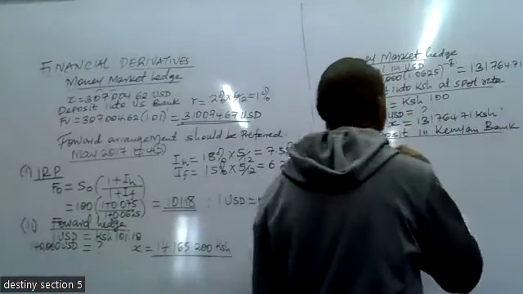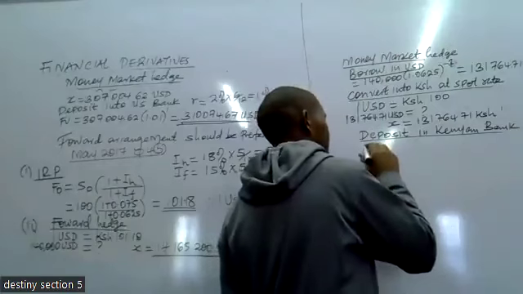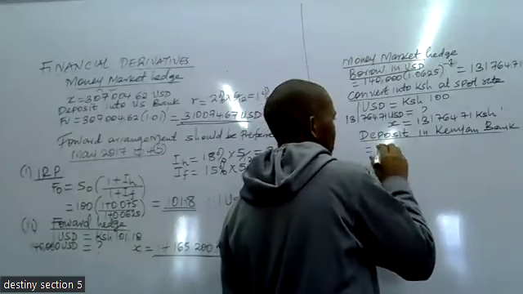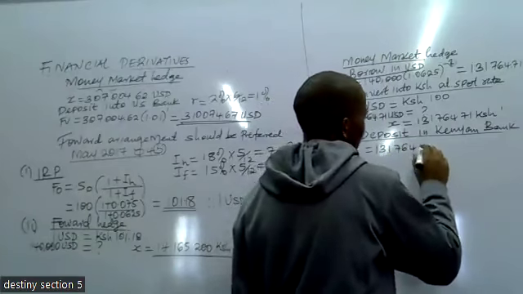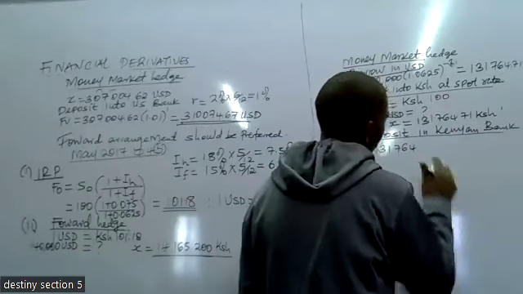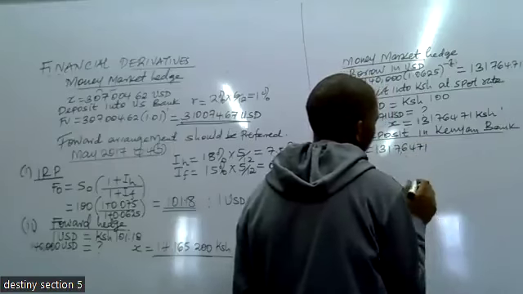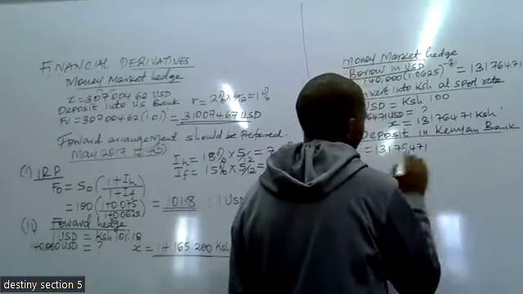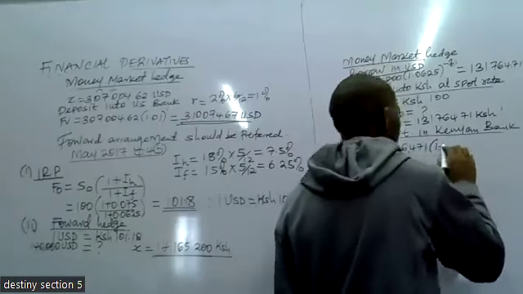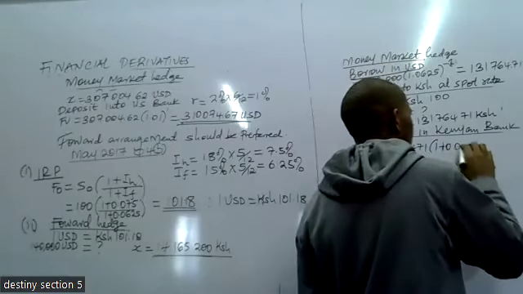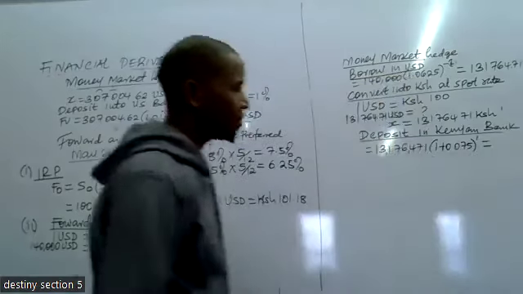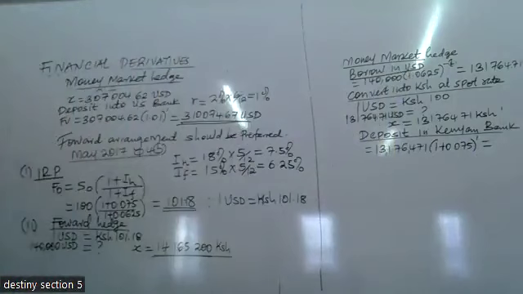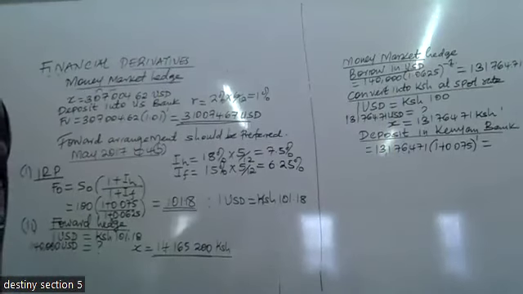So we get the future value: 131,764.71, you multiply by 1.07 power 1. That is also a constant one. That is giving you how much?